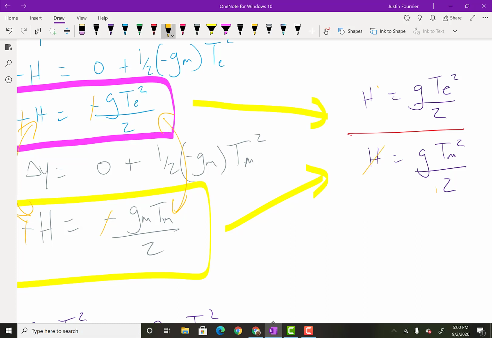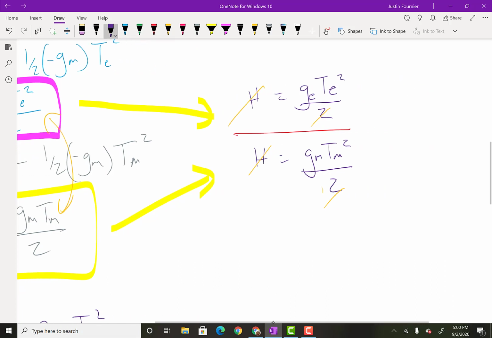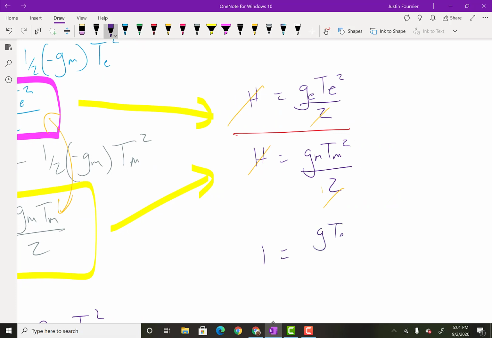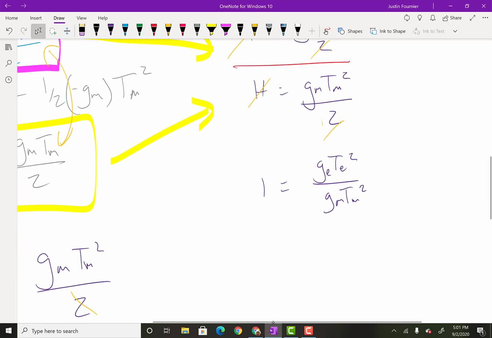Then h's cancel, 2's cancel. Sorry, those g's are not the same. This is g of the Earth, this is g of the moon. So this reduces to 1 equals g_e t_e squared over g_m t_m squared. And then to isolate t_e, you get exactly the same answer.